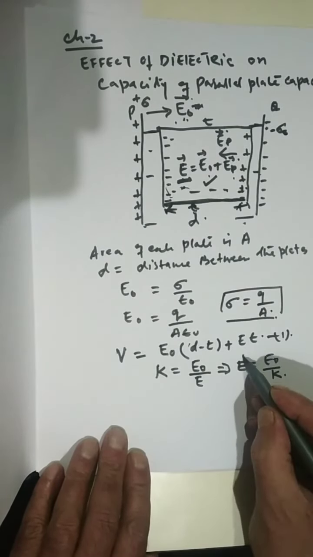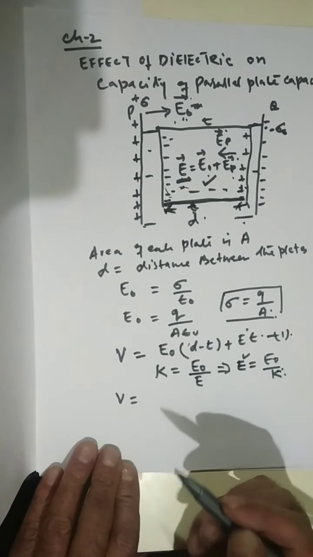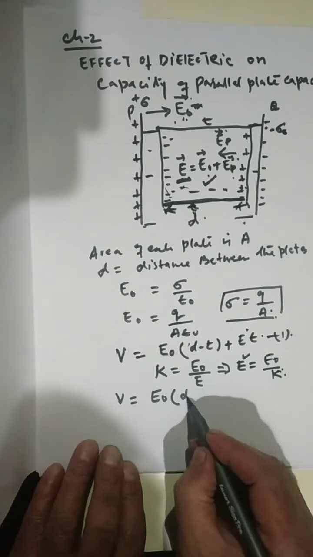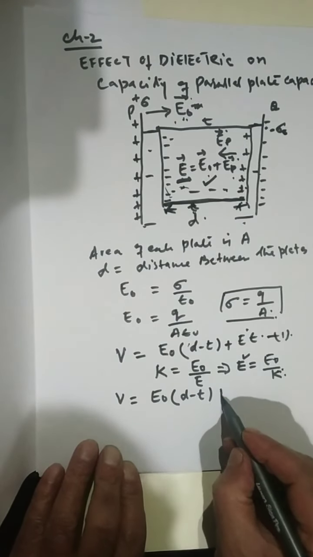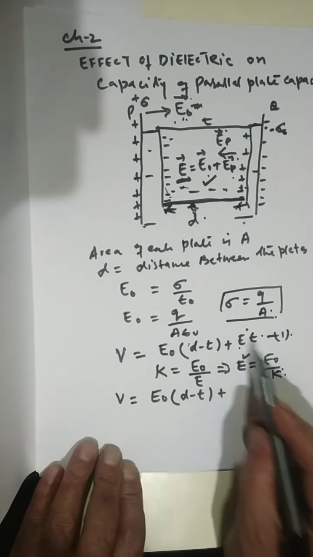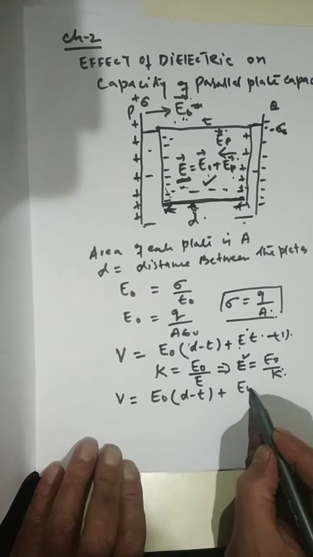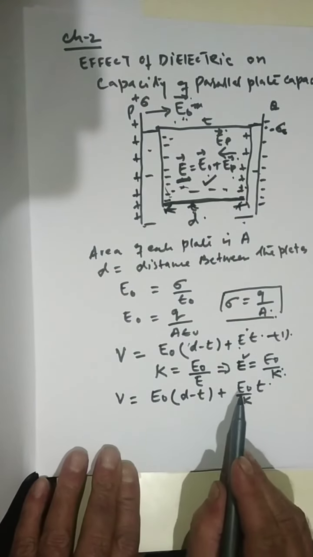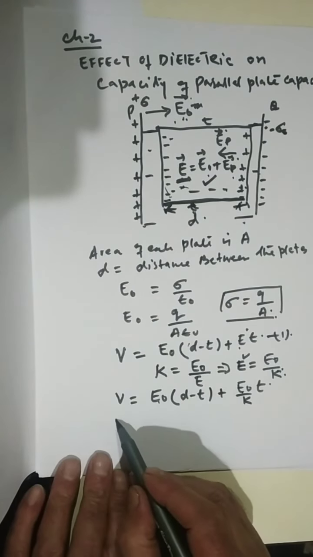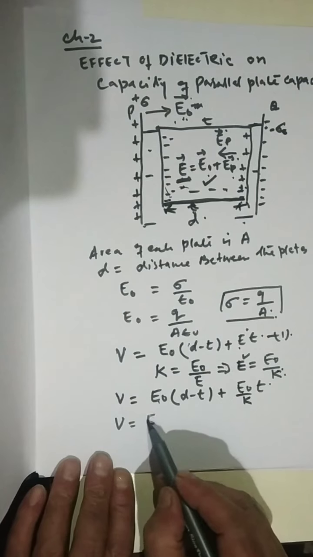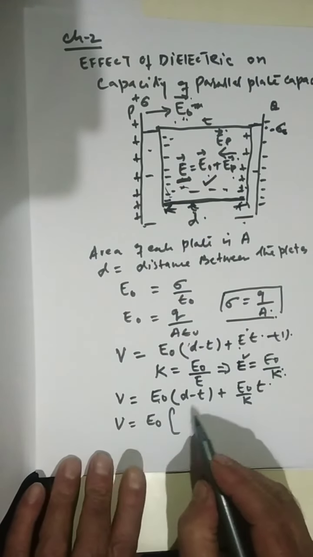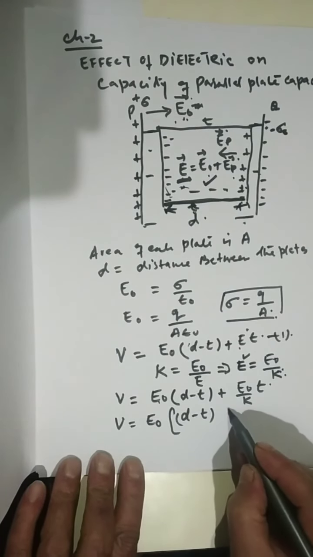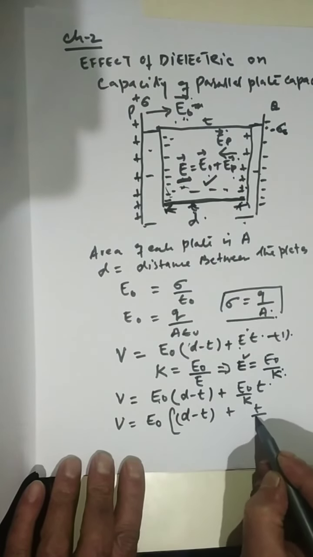So we get V is equal to E0 into D minus T plus, in place of E we write E0 by K into T. Now, taking E0 common, we get V is equal to E0 external field, and inside will remain D minus T plus T by K.